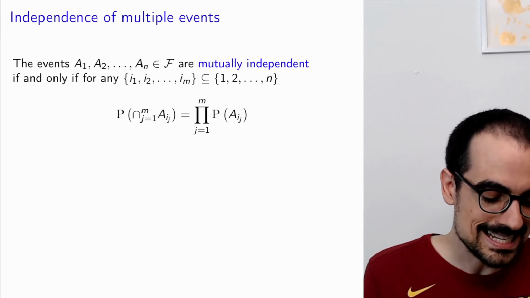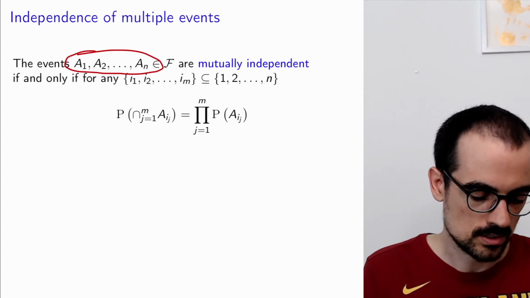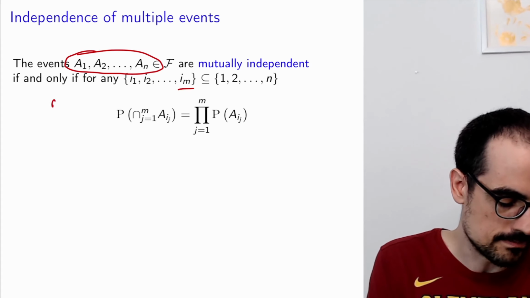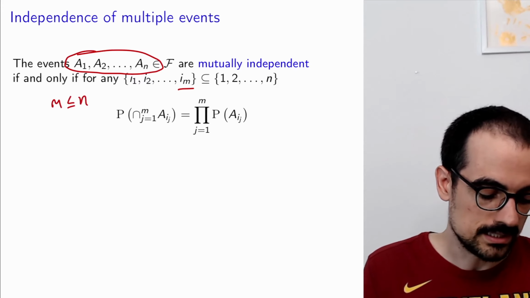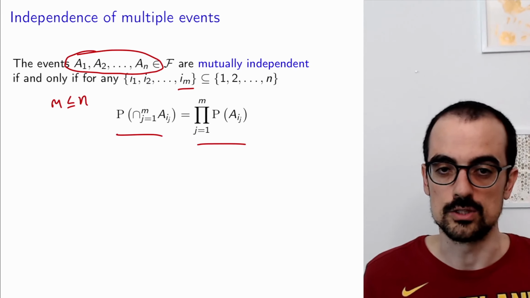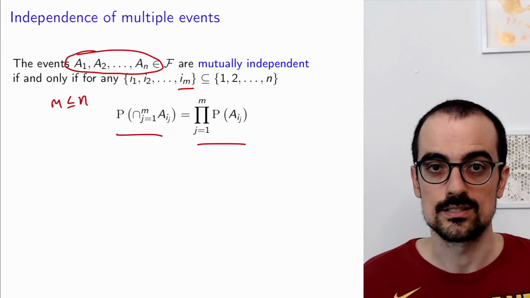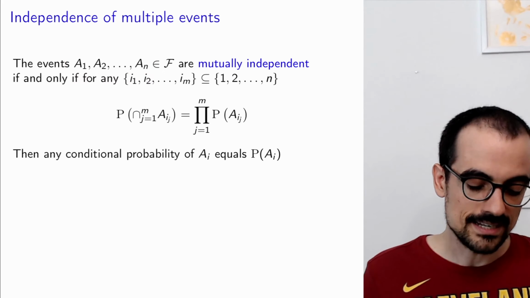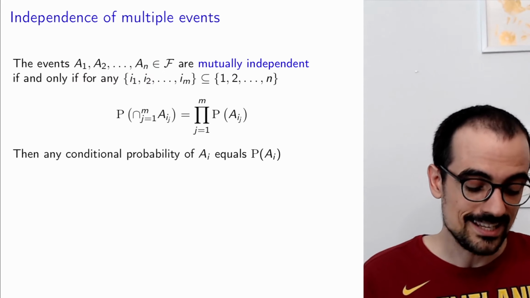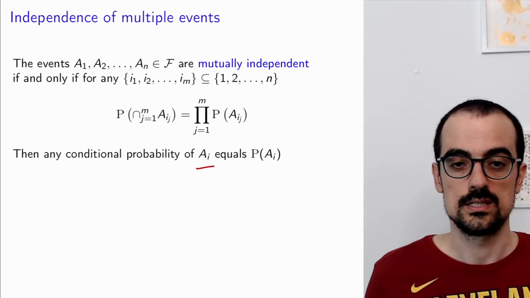We need for any subset of M of these events, for M smaller or equal to N, that the probability of the intersection is equal to the product of the individual probabilities. We need this to happen for any subset, not only for all N of them, okay?